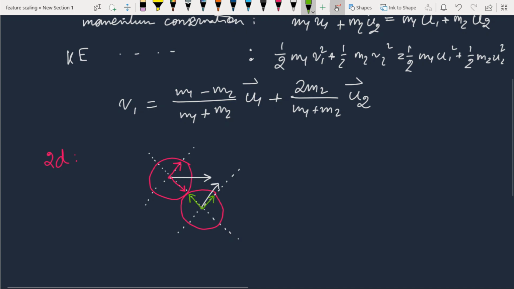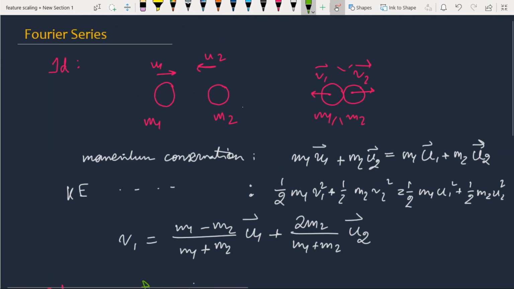Now just for a moment, just forget about the components which are perpendicular to this line. Let me just call this line a dash. So for a moment, just forget about the velocity components along the perpendicular direction of a dash. So we are gonna have only these two components. And if we just see our previous example, the 1D examples, we had the similar scenario.